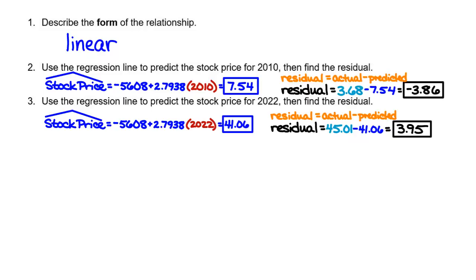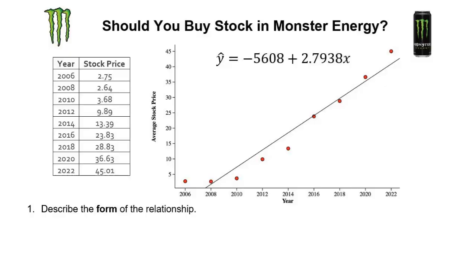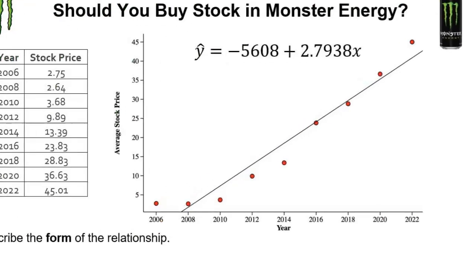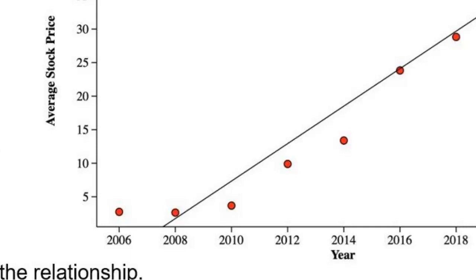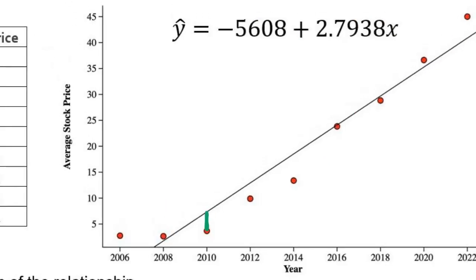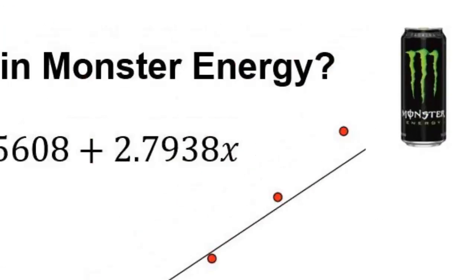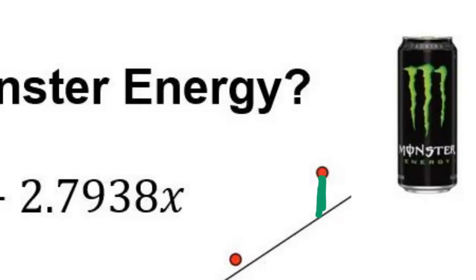So before we do the next part, I want to talk about these residuals. The residuals are the distance away from that line of best fit. So here's 2010. This would be the residual for 2010. 2022, this would be our residual for 2022.